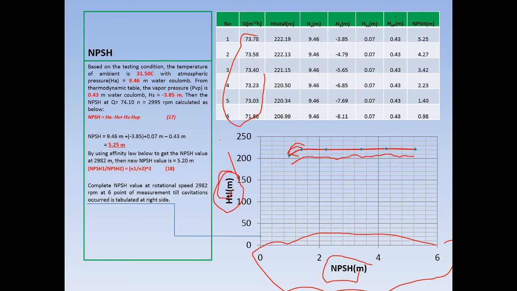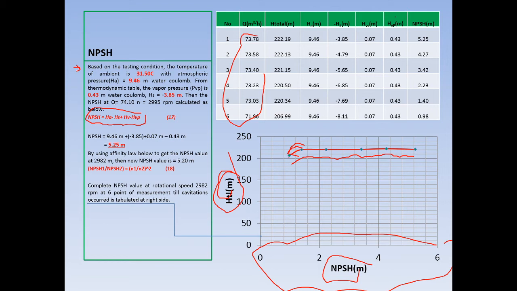Let's say for one example of calculation, we define NPSH like this. Based on the testing condition, the ambient temperature is 30-something, and from the thermodynamic table the vapor pressure is 0.3 meters water column.